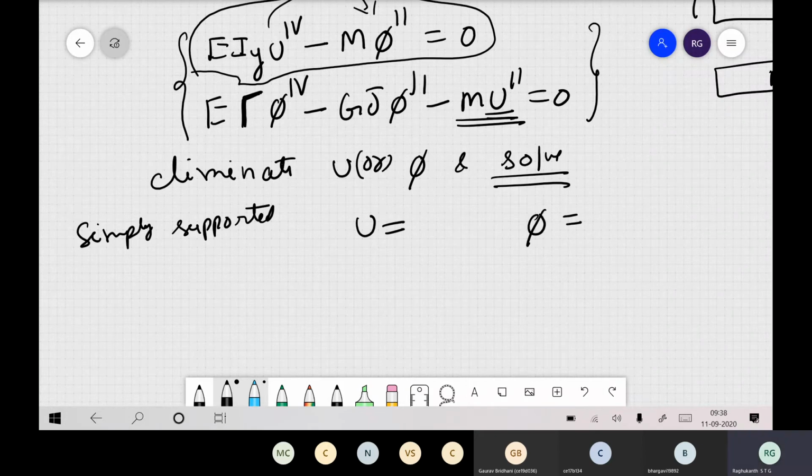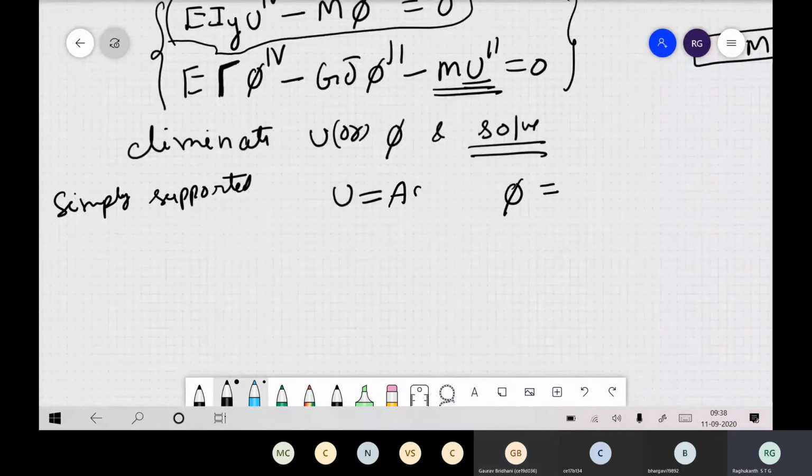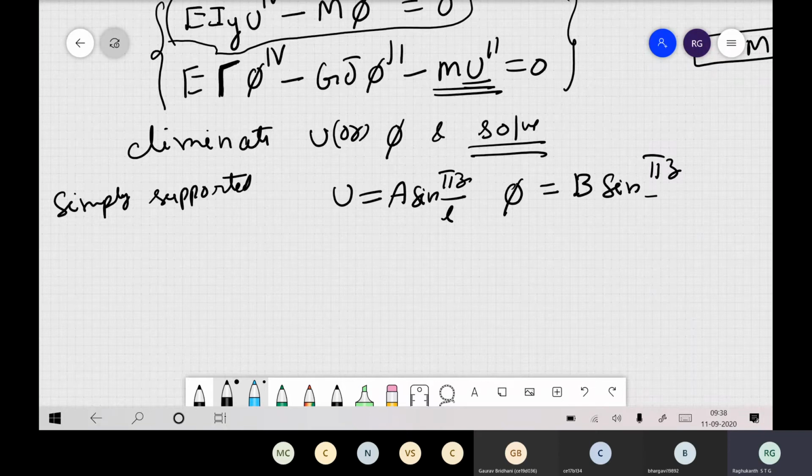For the simply supported case, what are the buckling mode shapes? A sin pi x by L. So here you can write A sin pi z by L, because we are taking z as our axis, and this becomes B sin pi z by L.